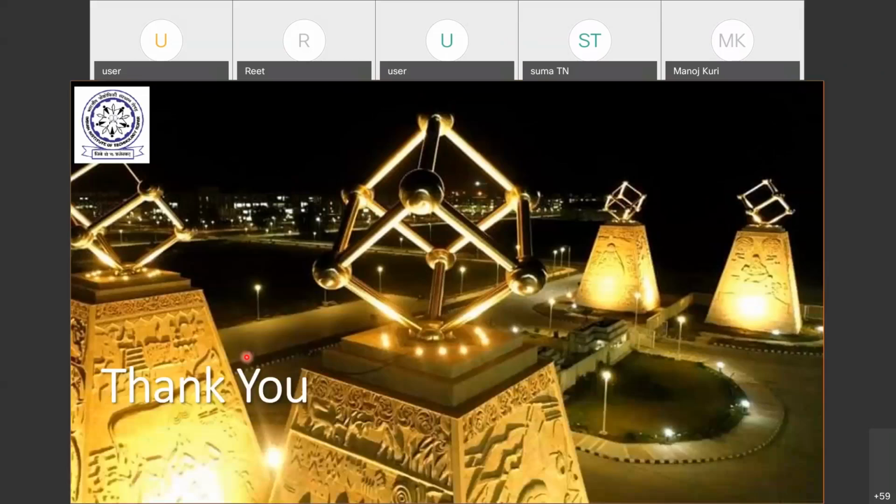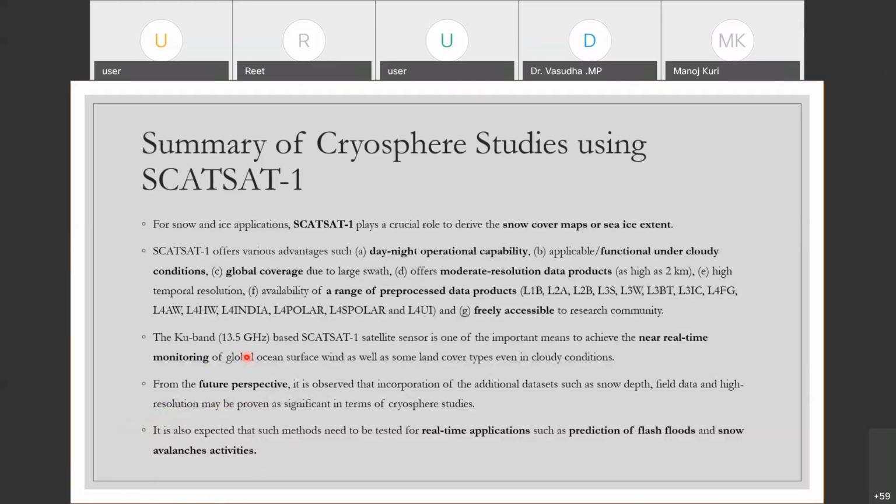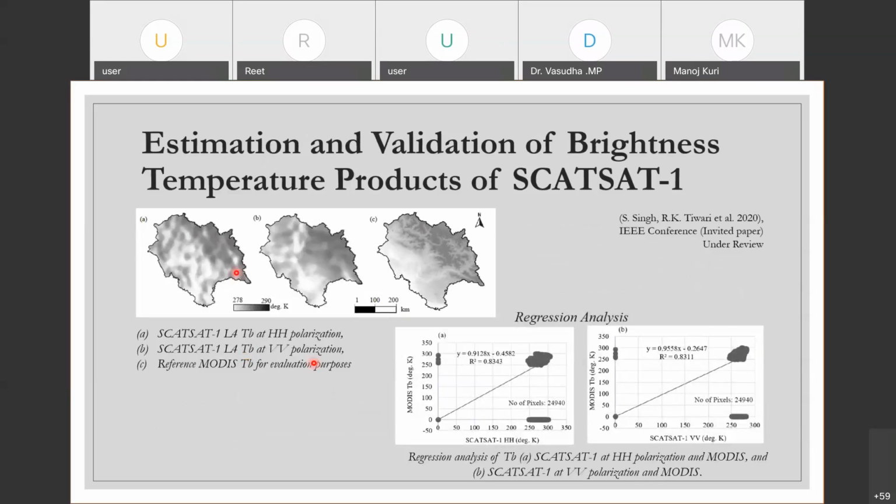Excuse me, sir. Can we compare the brightness temperature data from a microwave sensor to this sensor, sir? Yes, we did that here. We took the SCATSAT data, and the brightness temperature image is given directly.